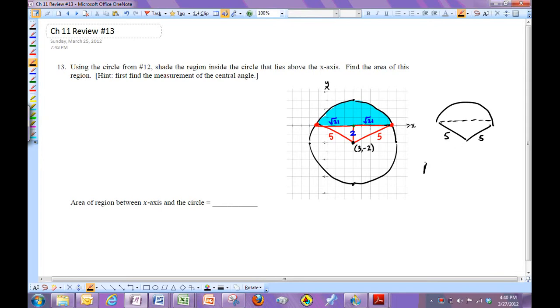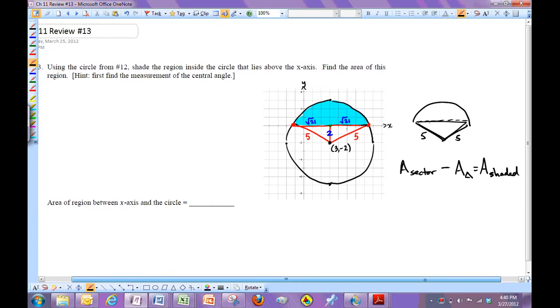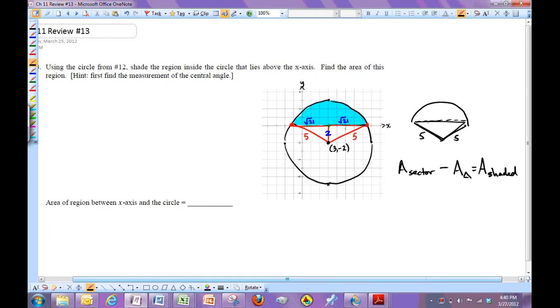So we're going to do area of the whole sector minus area of the triangle right here, and that'll give me the area of the shaded part. Okay, so we need the area of the sector, and in order to get it, you need to know how big these angles are here. So I'm going to call that theta, and it's the same thing on both sides.